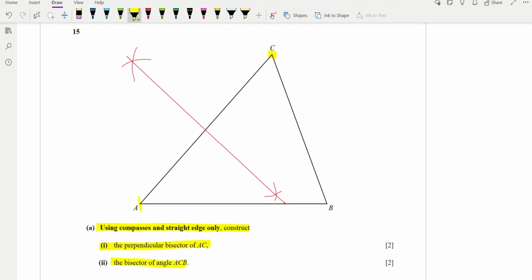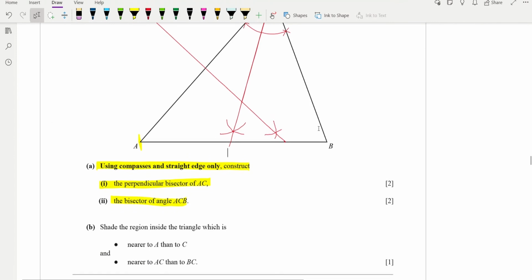For the ACB angle bisector, we will draw this arc like this one, keeping the compass at C, and after drawing we will keep the compass at this point and this point, and we will draw arcs, and those arcs will be over here, like this one and this one. Then we will draw an angle bisector like this one. So this will be our angle bisector.